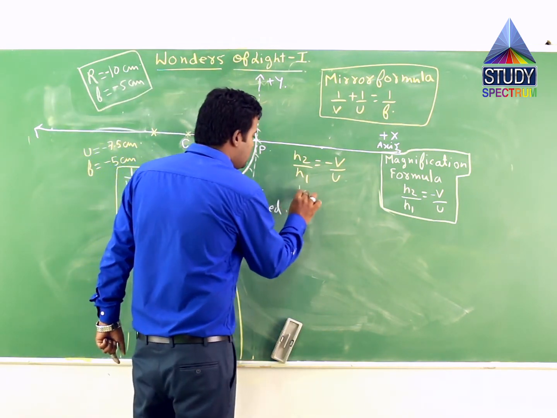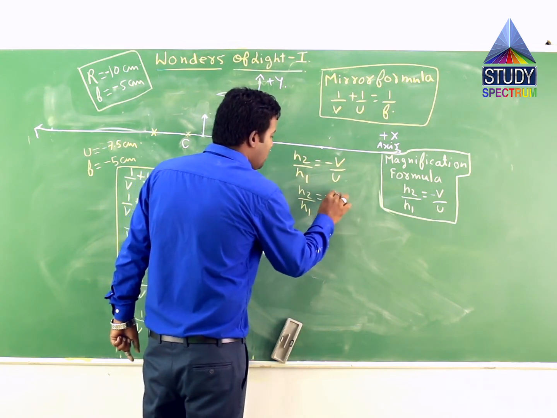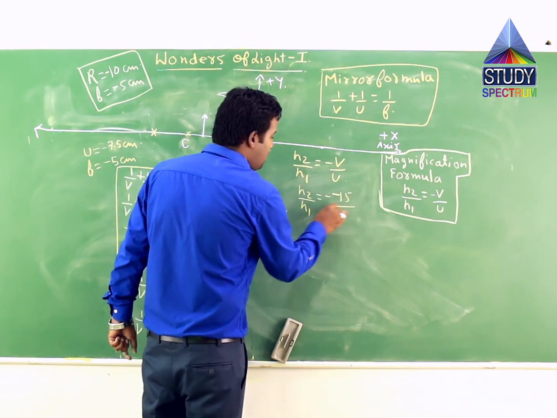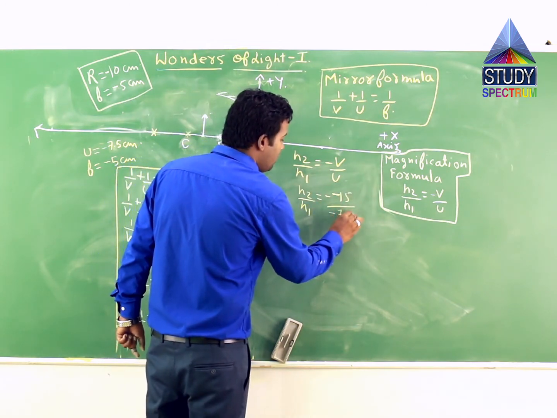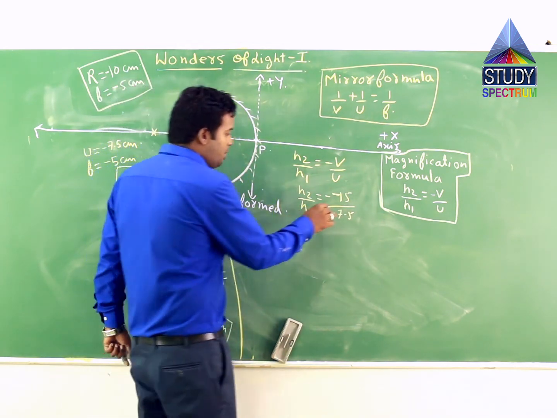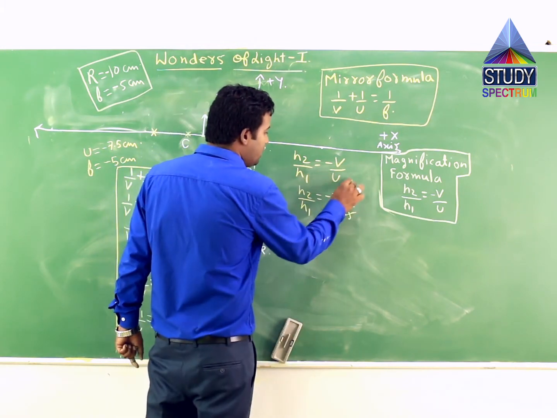So this becomes h2 by h1 is equal to minus of 15 by minus 7.5. Correct? One of this minus sign will get cancelled. 7.5 into 2 is 15.